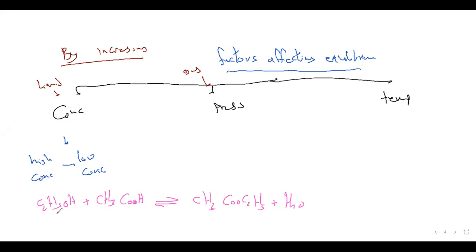By increasing the concentration of reactants or decreasing the concentration of products, the reaction moves forward and more yield is produced.